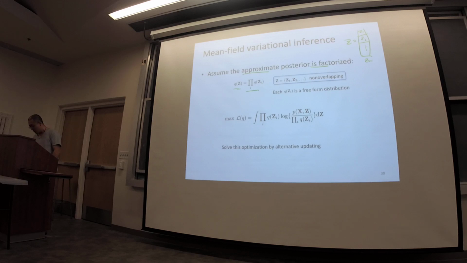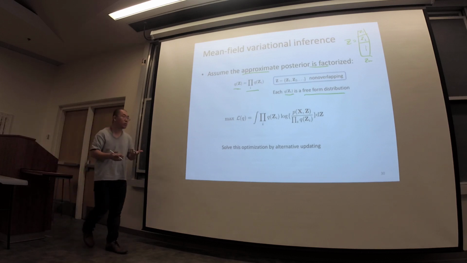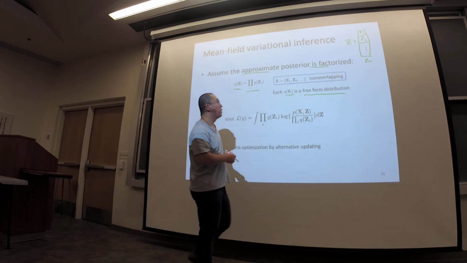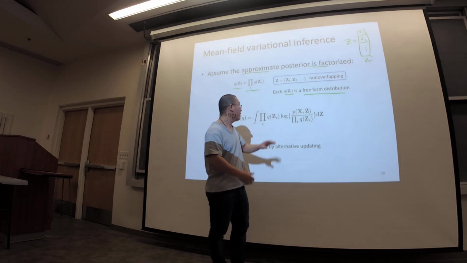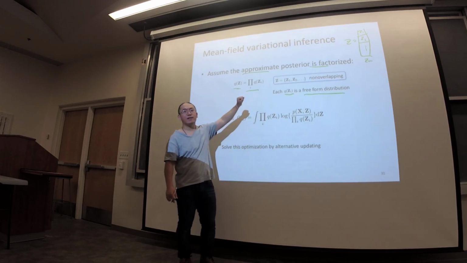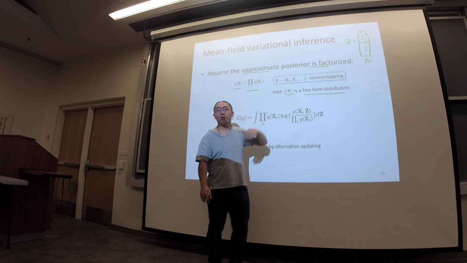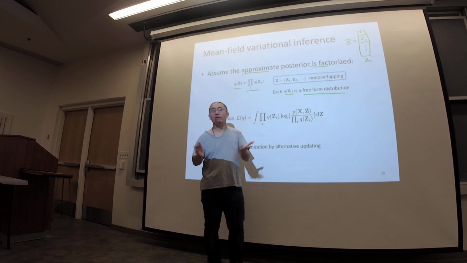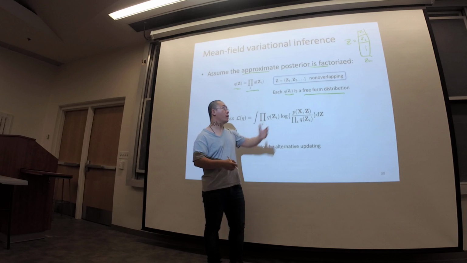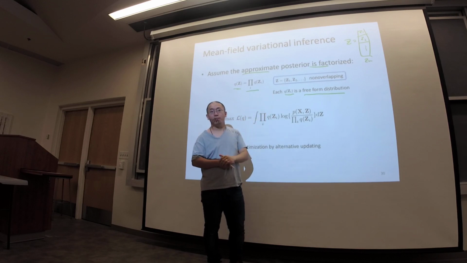Each Q of zi is a free-form distribution. As long as it's a distribution, it's fine, but they are factorized. This assumption implies that in my approximate posterior, z1, z2 to zn are independent of each other. This is obviously not true in many cases, but usually people do this and find it works well.